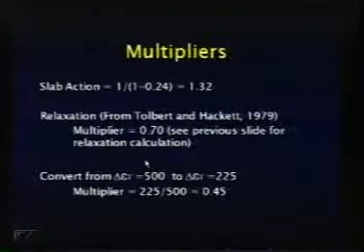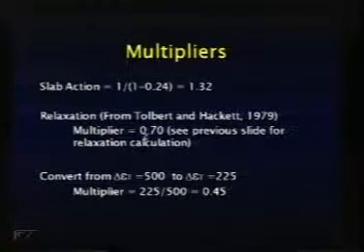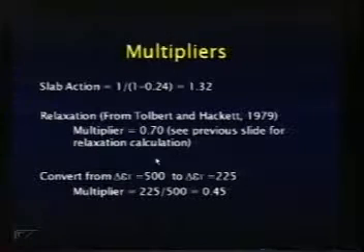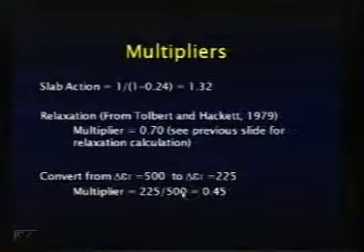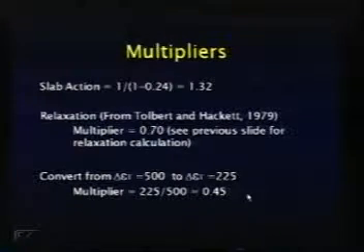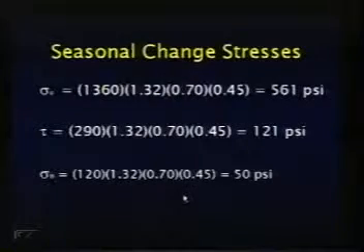Over this long period from winter to summer, or summer to winter, we're going to relax it by 0.7. We're going to see the modulus of elasticity change by a factor of 0.7. And then of course we have to convert our strains from 225 to 500, and that's a ratio of 0.45. After we go through and make all the corrections, these are the stresses for our seasonal changes: 560, 121, and 50 for the three stresses.